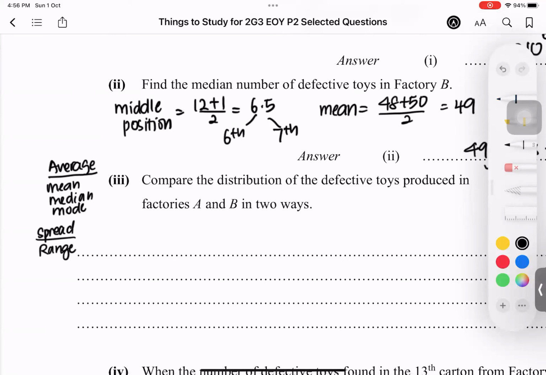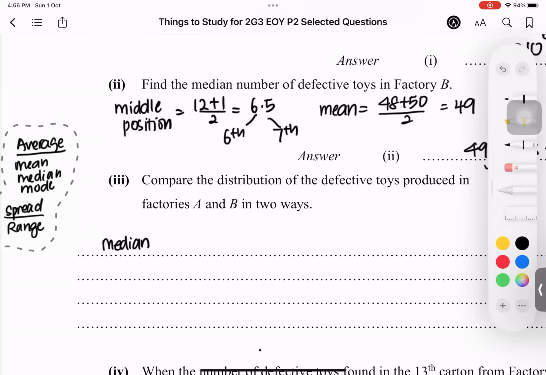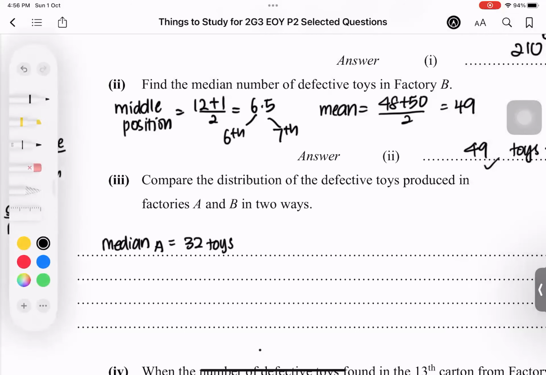So we're going to compare the median. Always write in terms of evidence followed by conclusion. It should come as a pair. You cannot give me evidence and then no conclusion. It should be evidence, conclusion. So the median for factory A is 32 toys. Remember, the question is talking about defective toys.